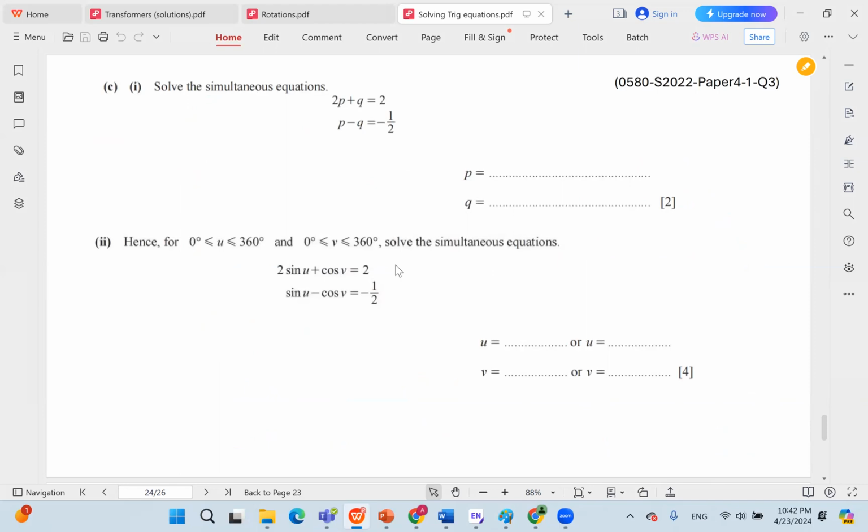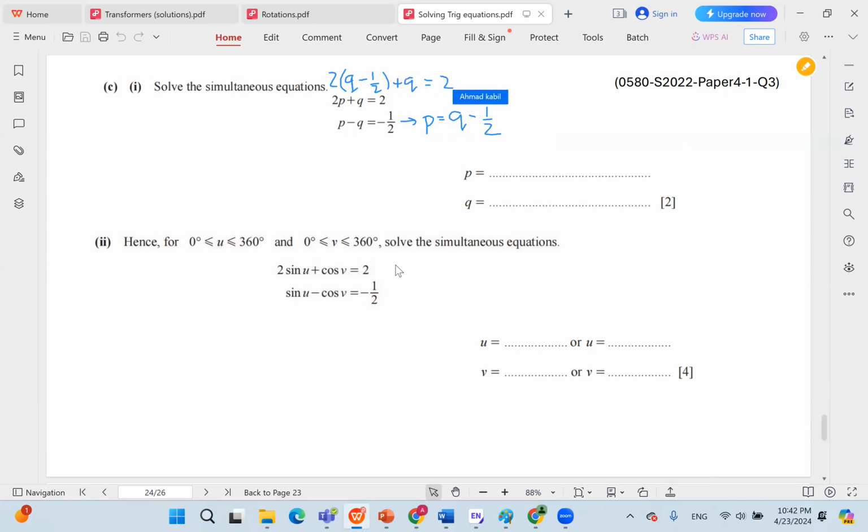Now for our final question. This is slightly more challenging. We first are required to solve the simultaneous equations. So you can use elimination or substitution. I personally like substitution better, so I'm just going to rewrite this as p equals q minus half. I'm going to put it here, so 2 times q minus half plus q equals 2.